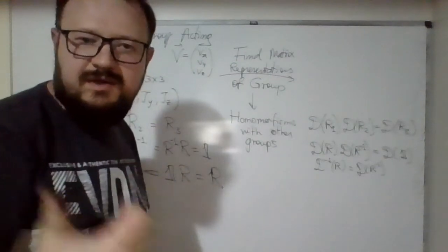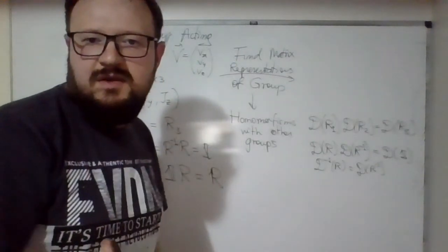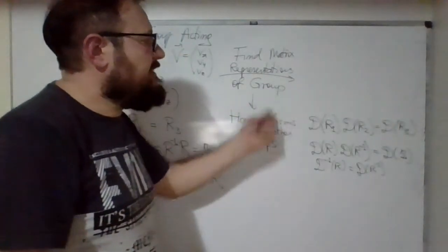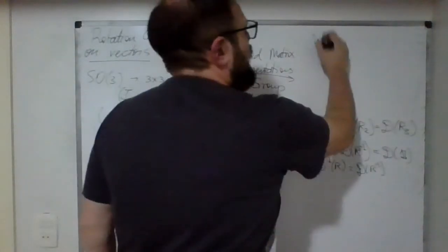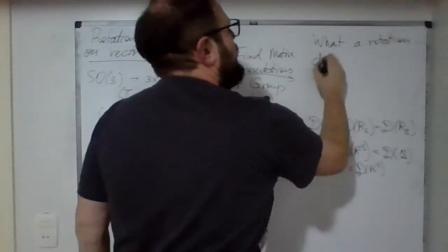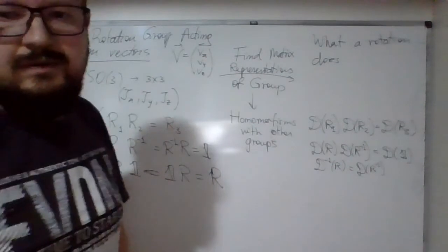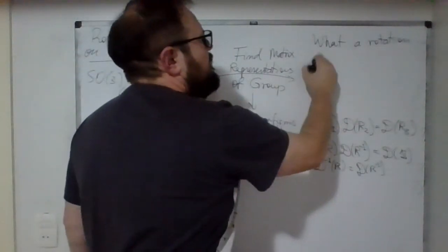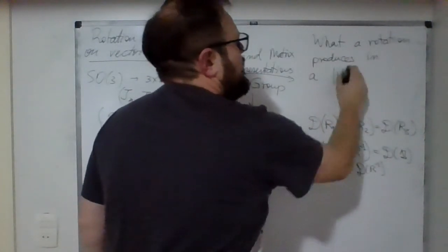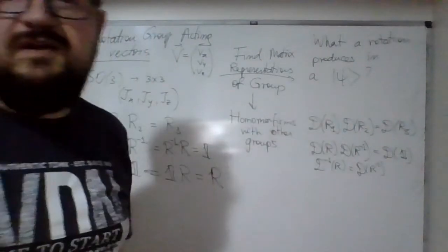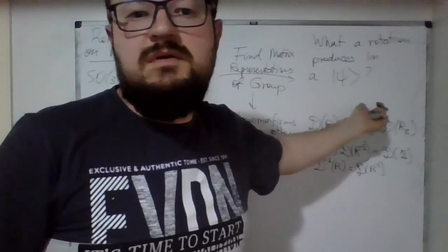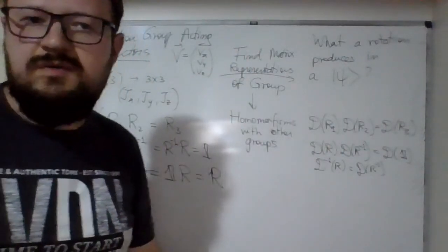There are scalars, there are spinors, there are other objects, and I want to find out what a rotation does, what a rotation produces in a physical state, which is an abstract object with the dimension of the Hilbert space you are considering.